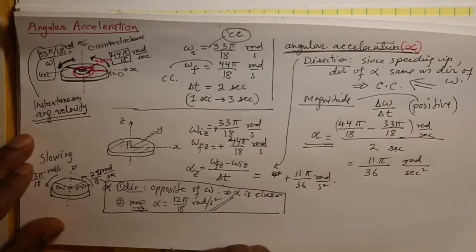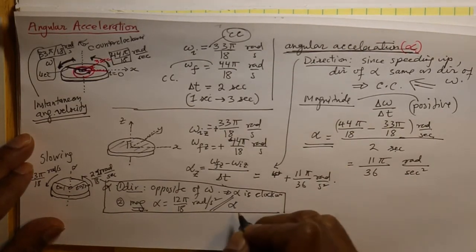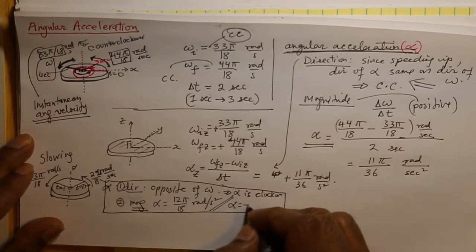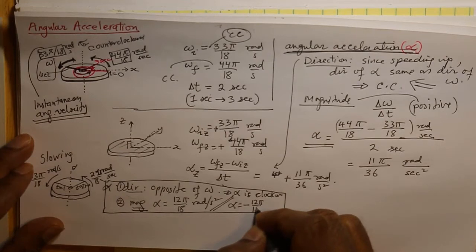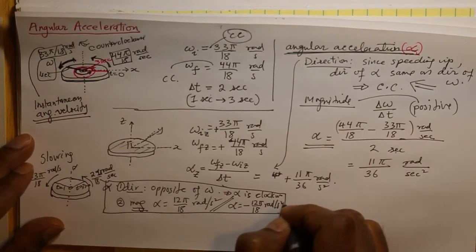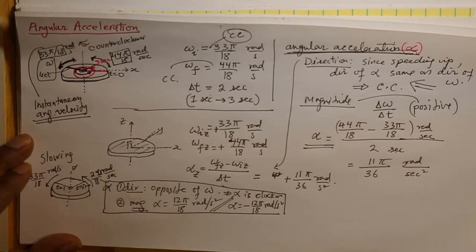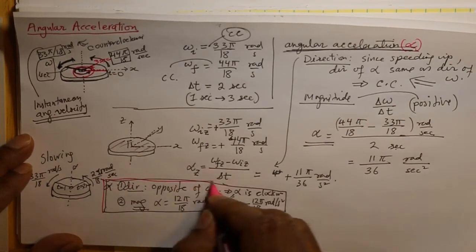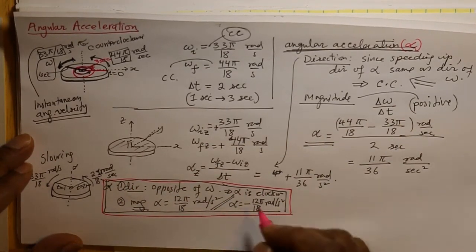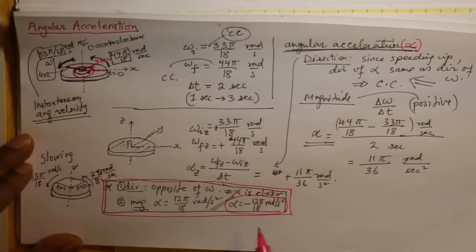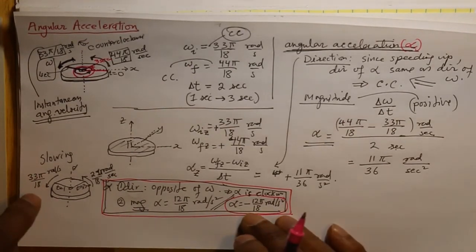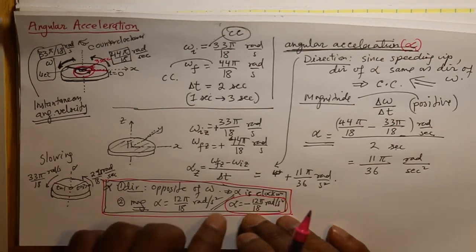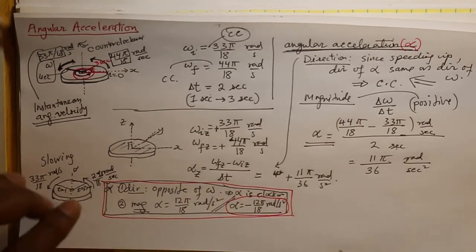If I were to write alpha here, including both the direction and the magnitude, it will be minus 12 pi over 18 rad per second squared. Alright, so an important note is that I can get alpha negative sometimes, because if it's spinning counterclockwise and it's slowing down, then alpha is in the opposite direction.